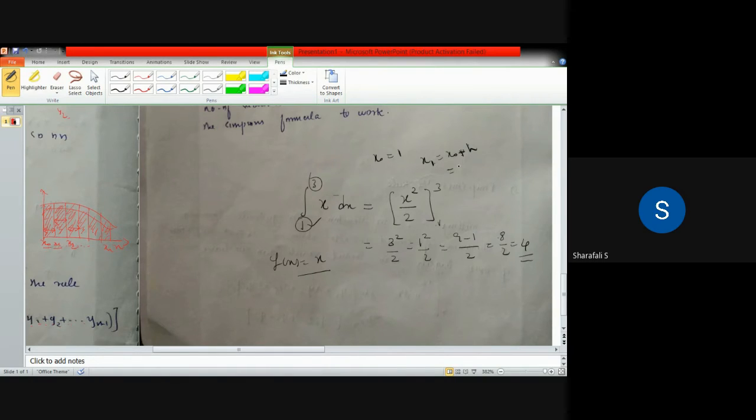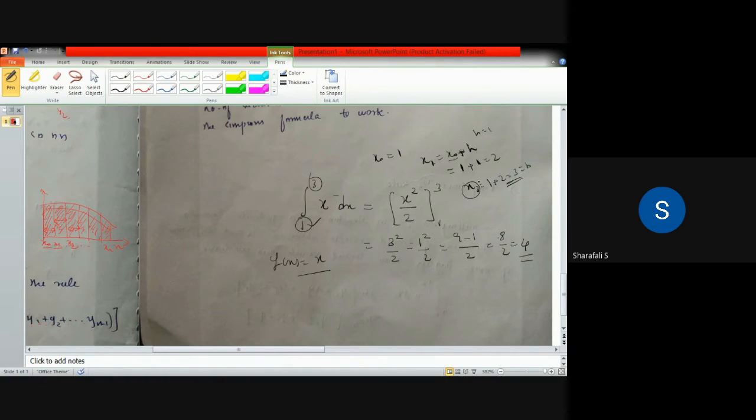Let's say 1 plus, if I am taking h as 1, then the x1 value will be 2. Then x3, what is x3? x3 value will be x0 plus 2h, we can consider. So 1 plus 2 times h is 2, that is 3. So this is nothing but your b, that is the upper limit.